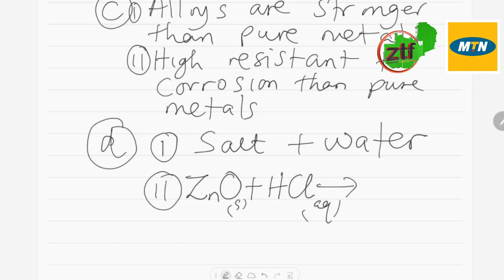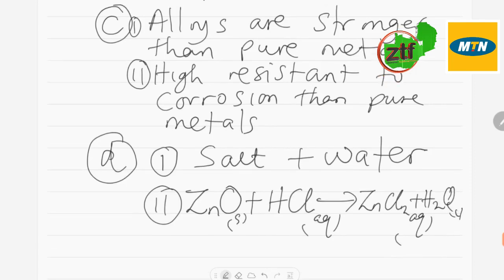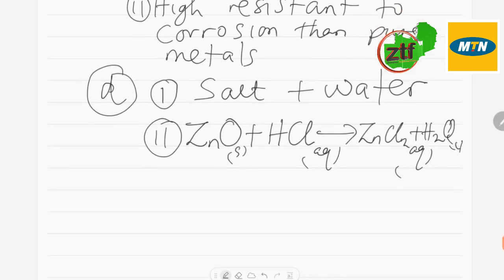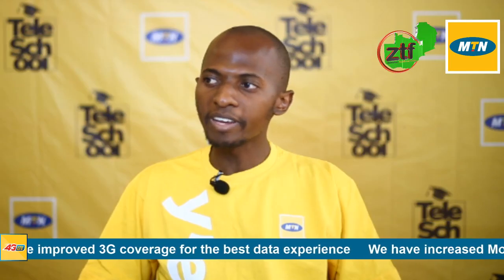This produces zinc chloride, aqueous, plus H2O liquid. So that is the balanced chemical equation for the reaction of zinc oxide and hydrochloric acid.